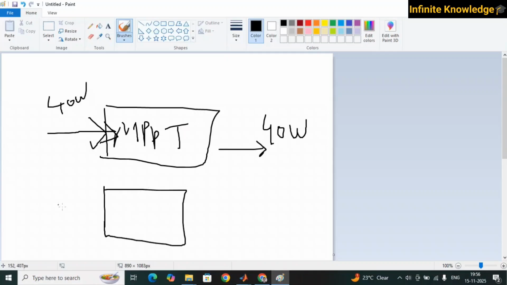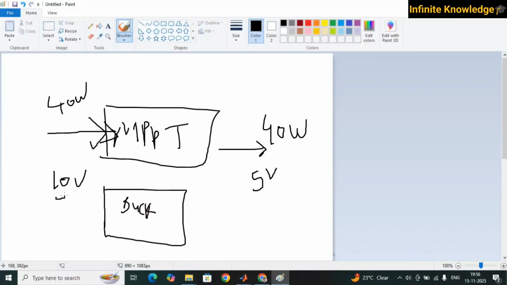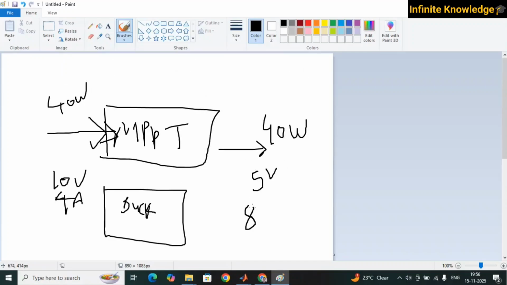Let's say your solar is generating 10 volt and you have a battery which has only 5 volt, and you need to charge this 5 volt battery. In that condition you have to use a buck converter which converts the voltage from 10 volt to 5 volt and increases the current. So let's say it is a 40 watt system: 10 volt into 4 ampere is 40 watt. Similarly, the output is 5 volt and 8 ampere.